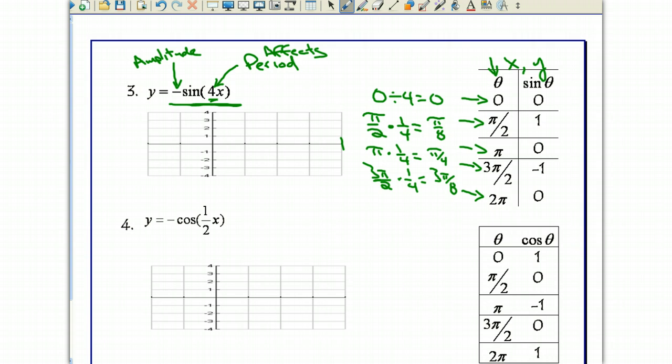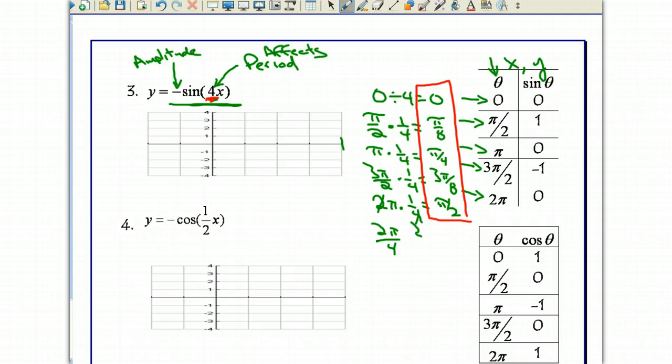I get 3 pi over 8. And 2 pi, you can cross cancel here, and I get pi halves. So multiply the top of the fraction, multiply the bottom and reduce, or you could have just cross canceled. So my x-coordinates have changed. They've been cut to 1/4 because this graph is occurring 4 times more frequently.